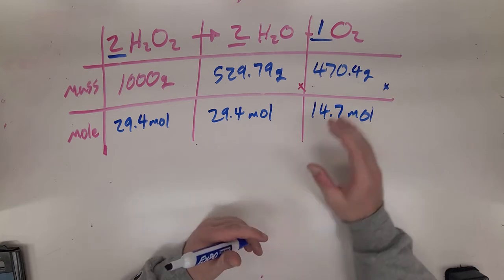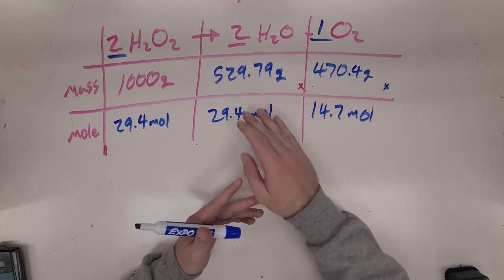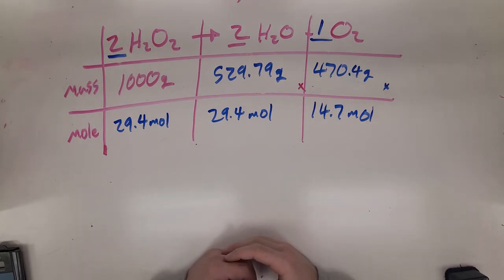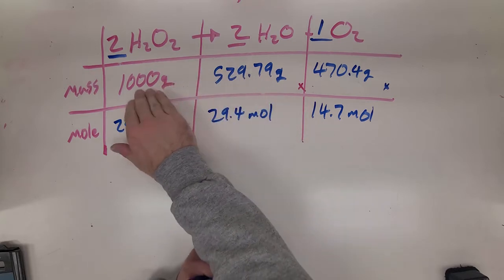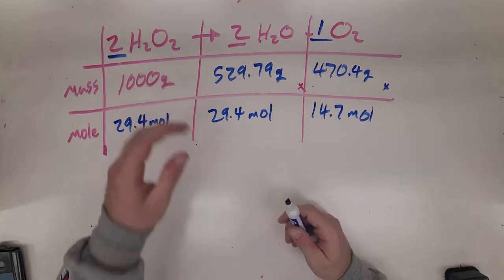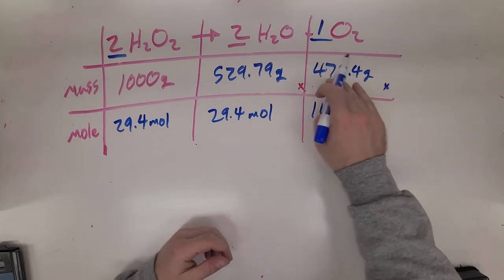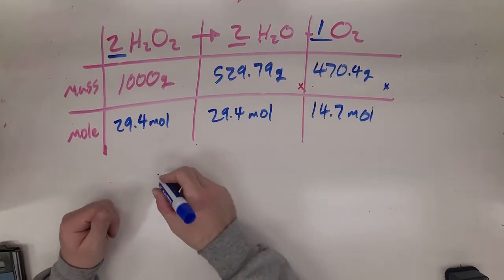So the only way to measure that in lab would be to take the amount of water that you have that is still in your beaker, your Erlenmeyer flask, whatever you're working with, and subtract that from the total amount of hydrogen peroxide that you started with. And that is another way you can go about figuring this out if you knew the masses of other things. So I'll just show that really quick.